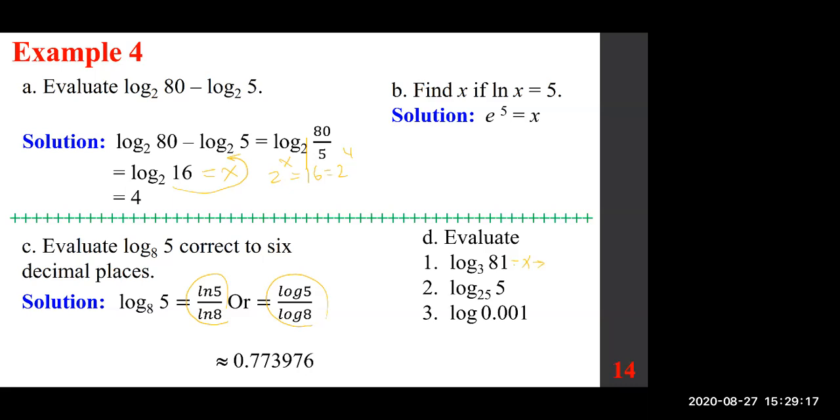That means 3 to the power of x is 81. 81 is 3 to the power of 4. And there you have it. So it becomes pretty straightforward, class, and of course you come up with the answer 4, okay?